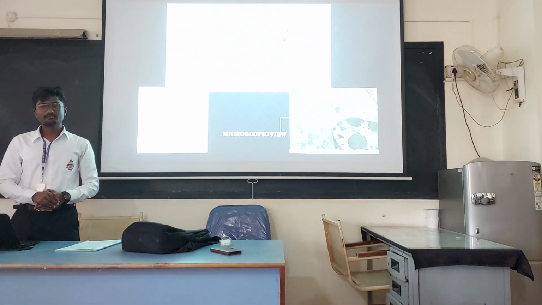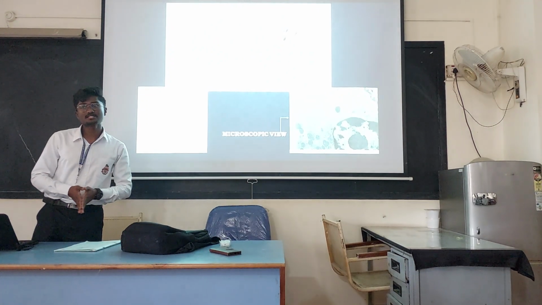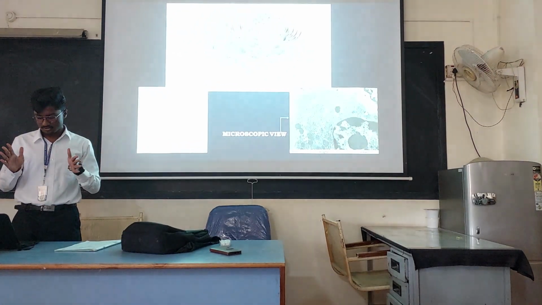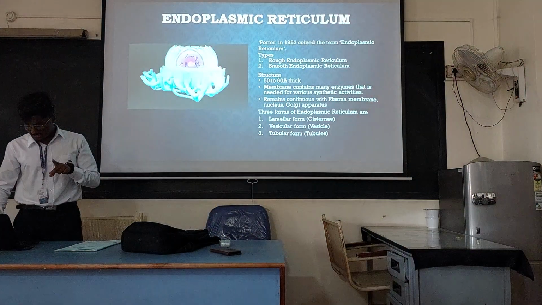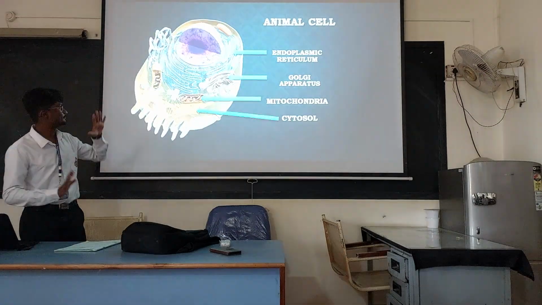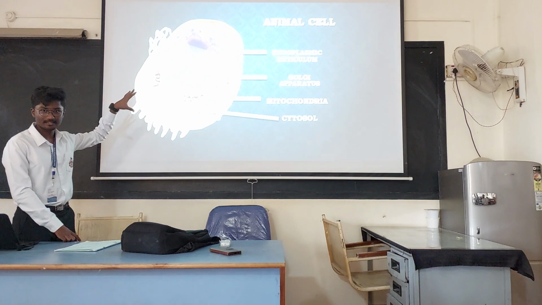So we now know the structure of endoplasmic reticulum. Let us know the function of endoplasmic reticulum. The first function of the endoplasmic reticulum, as we can see in this image: in this image, the majority of the space is occupied by the endoplasmic reticulum, right?